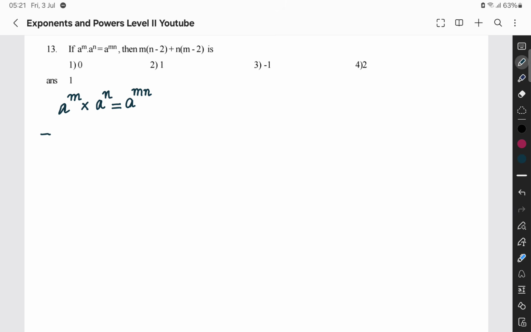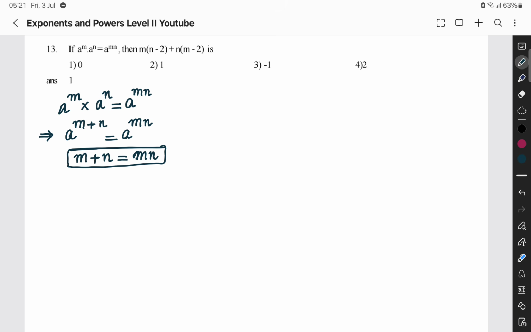So from this, the next step, I can write a power m plus n equal to a to the power of mn. As the bases are equal, I can write m plus n equal to mn. So keep this aside. We'll see next one.